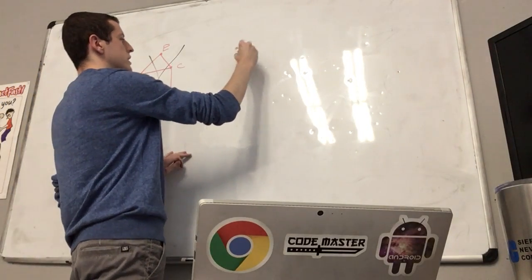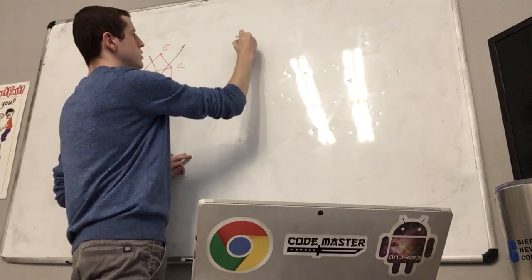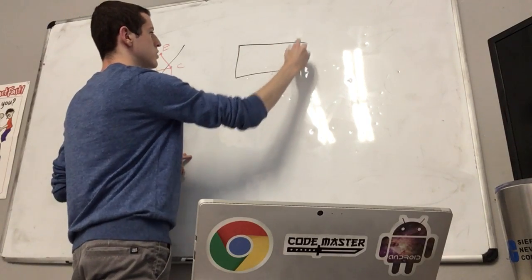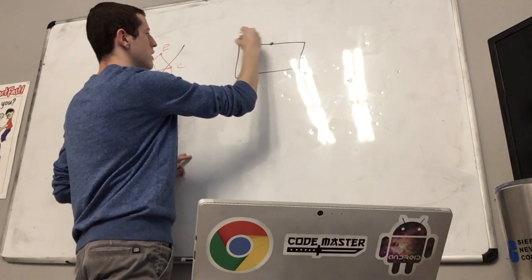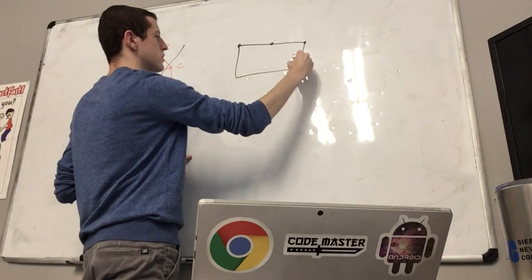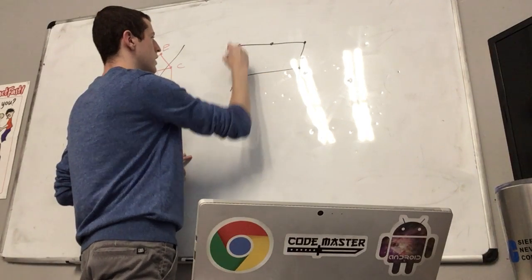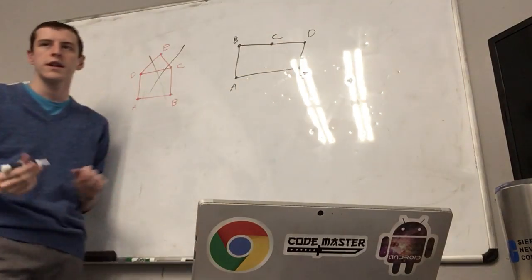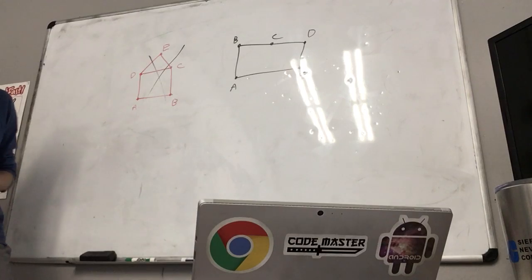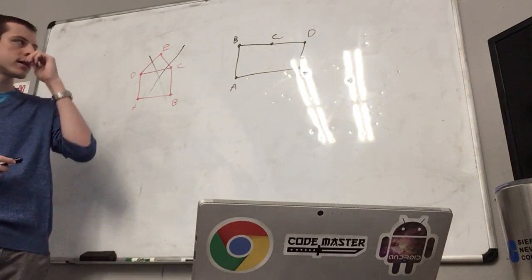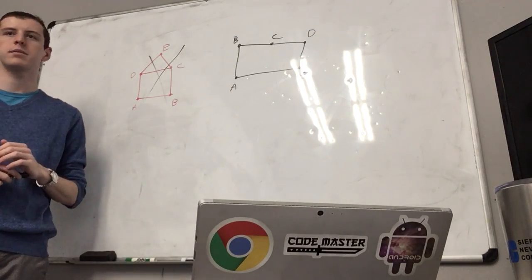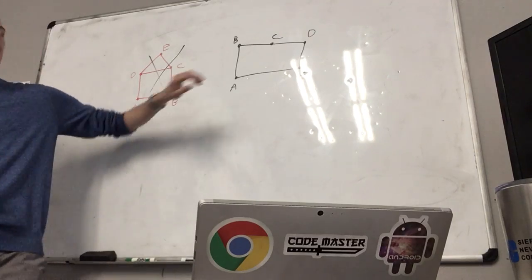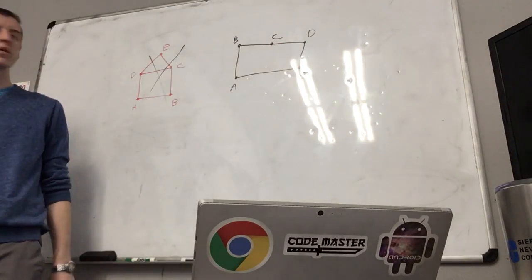Our last one is this. In this one I could say that A, B, D, E is a polygon. I cannot say that A, B, C, D, E is a polygon because a point has to define 2 unique lines.